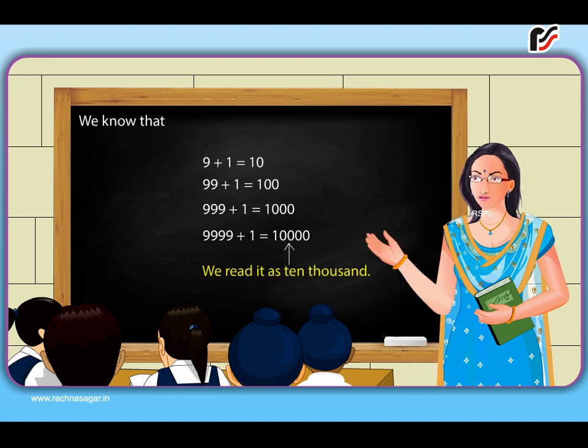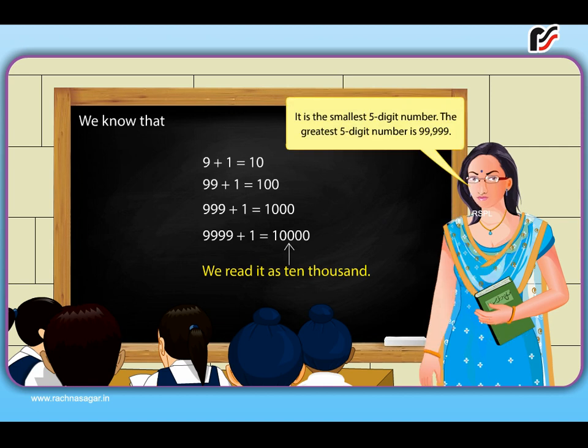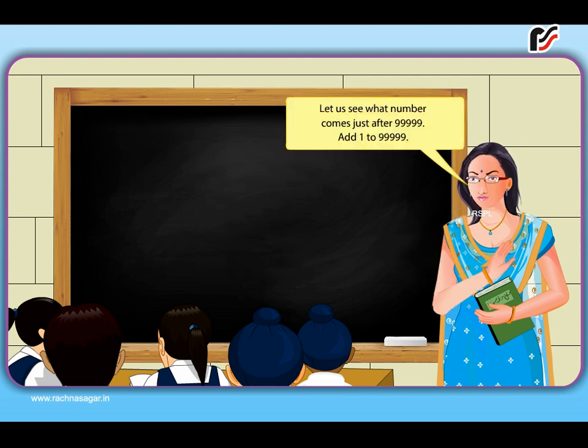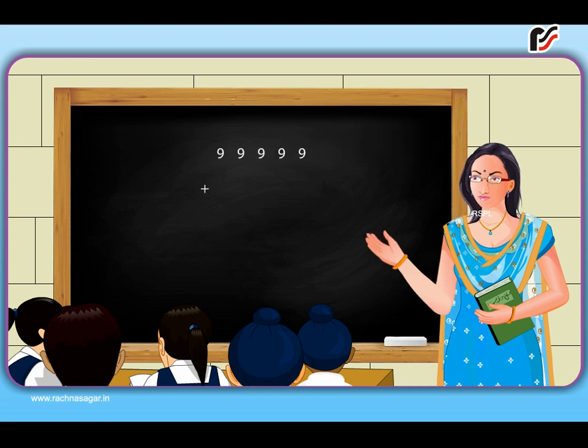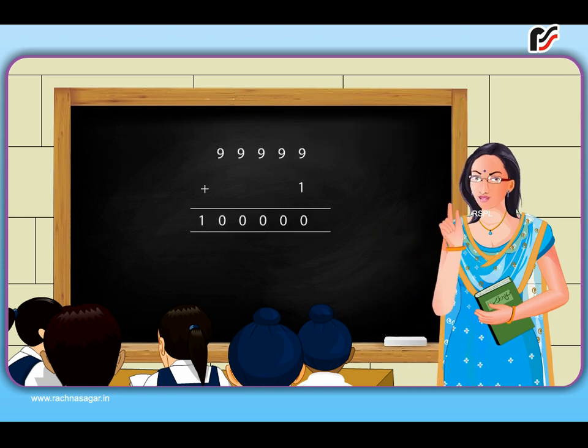We read it as 10,000. It is the smallest 5-digit number. The greatest 5-digit number is 99,999. Let us see what number comes just after 99,999. Add 1 to 99,999. 99,999 plus 1 is equal to 1 lakh.